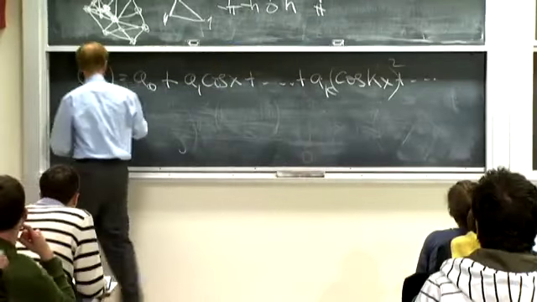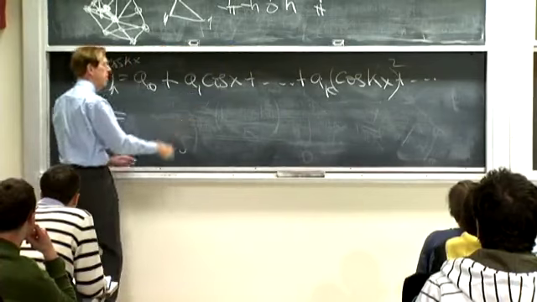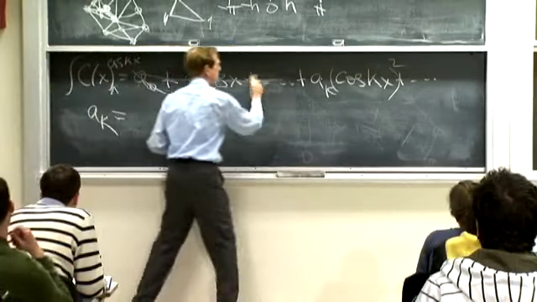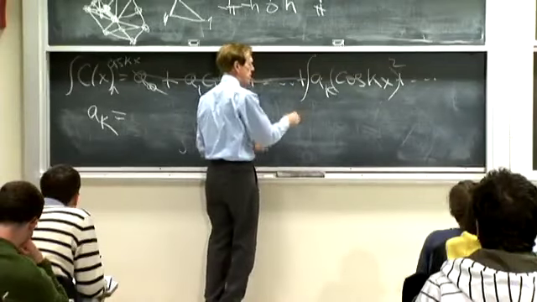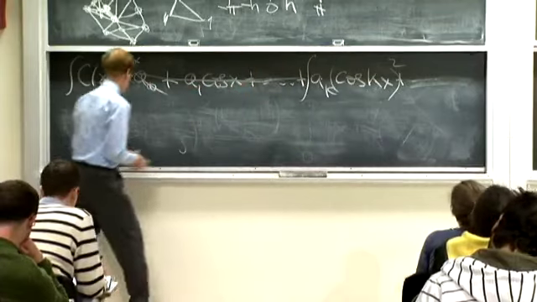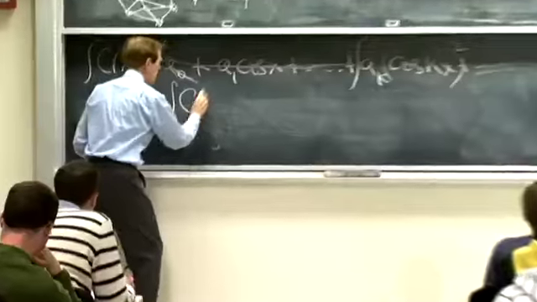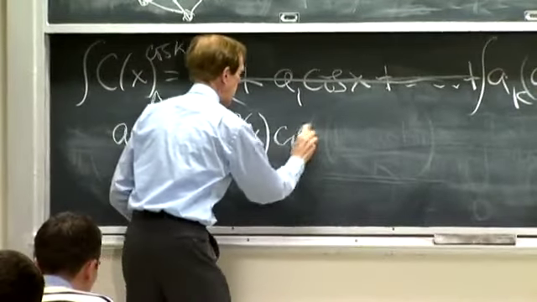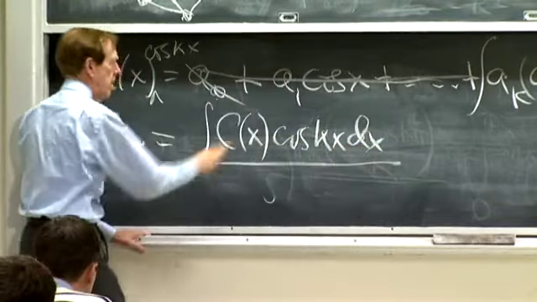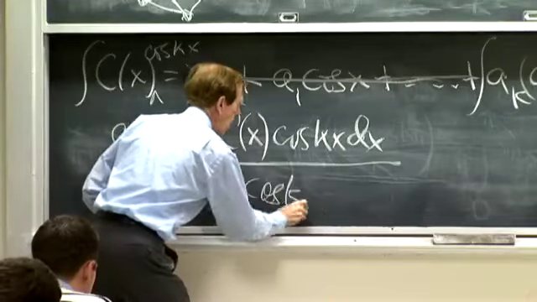Here I'll have a cos kx, and here a whole lot of cos kx's, but when I integrate, all the others will disappear. So AK is going to be the integral of my function times cos kx dx divided by what? Divided by the integral of cos kx squared.